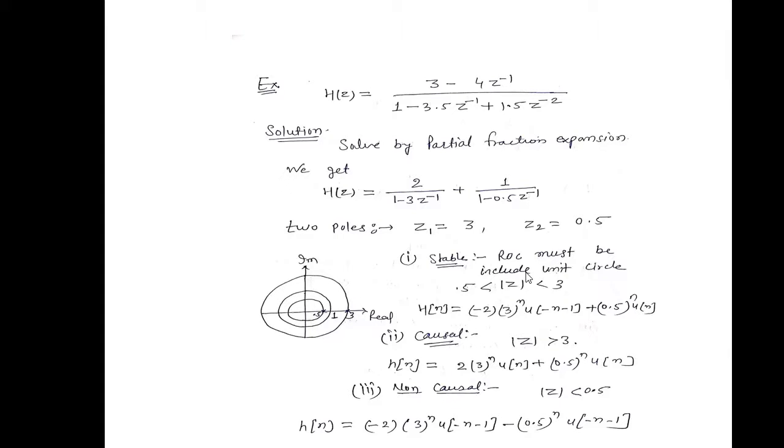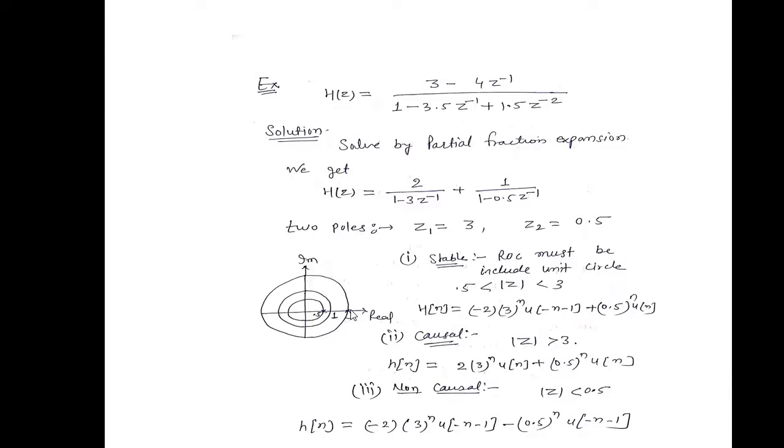The ROC must include the unit circle for the condition of stability. If this system is stable, then the ROC must include the unit circle, and there is only one case in which the ROC includes the unit circle: z less than 3 and z greater than 0.5.